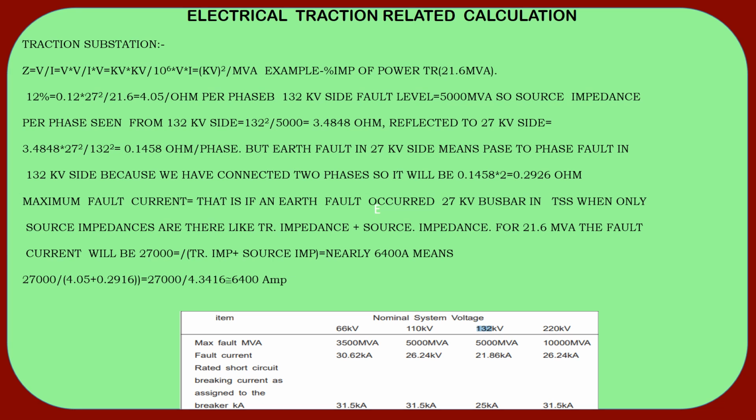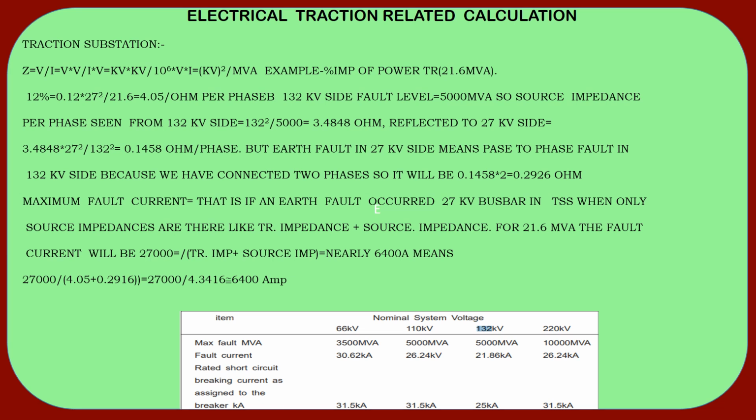We know kV square by MVA is the impedance. Our voltage is 27, so 27 square, and the power transformer is 21.6 MVA, and its 12% is the transformer impedance.